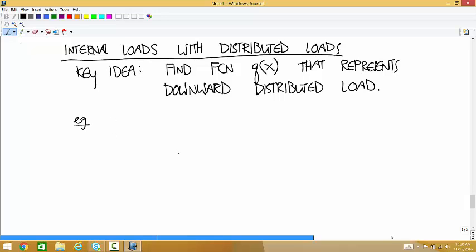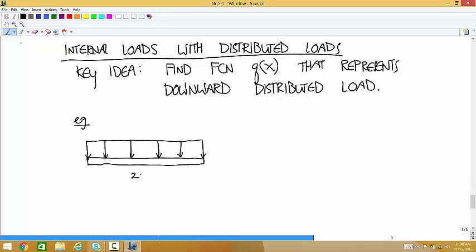So for example, if you have a rectangular distributed load, let's say that the length here is 2 meters and this distributed load is 5,000 newtons per meter.